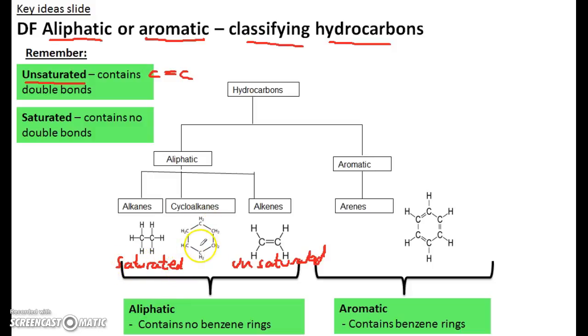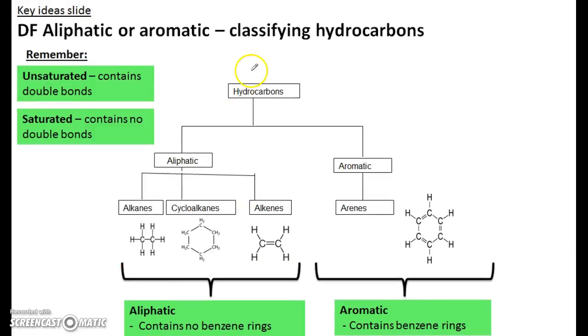Similarly, cycloalkanes are saturated. Over on the right hand side here we've got this molecule which is called benzene, and in benzene there are carbon double bond carbons, and so this is again an unsaturated molecule.